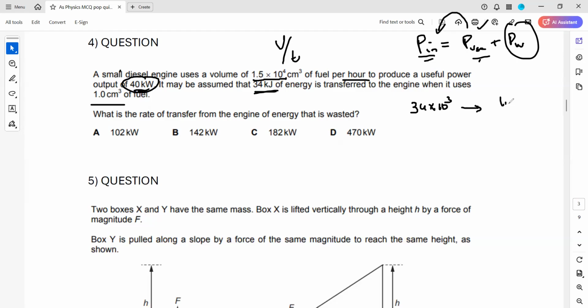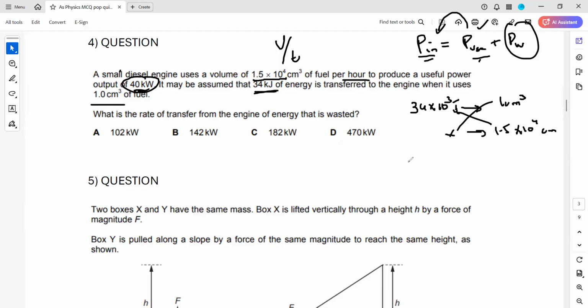So when it is using 1 cm cube, it uses 34 kilojoules of energy, 34,000 joules you can say. So if it has 1.5 into 10 to power 4 cm cube of the fuel, like the volume is there, how much energy will be input? Cross multiply.